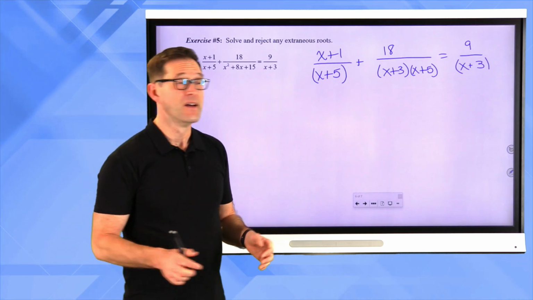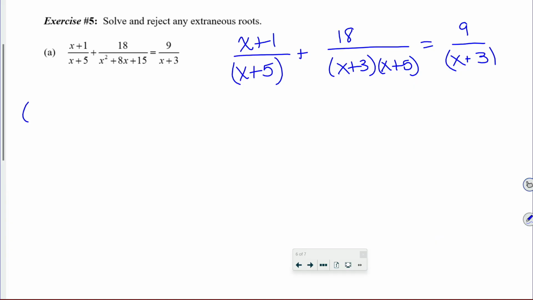Okay? Here we go. I'm going to have x plus 5 times x plus 3 all over 1, times x plus 1 over x plus 5. You know what? I'm going to put both of those in parentheses. It sure doesn't hurt.